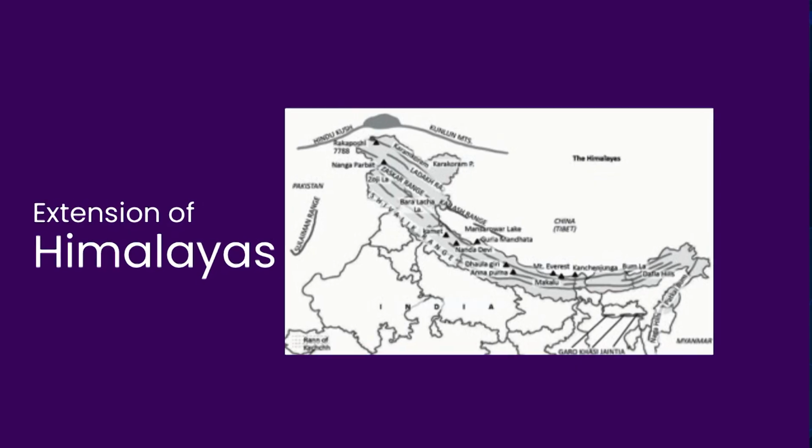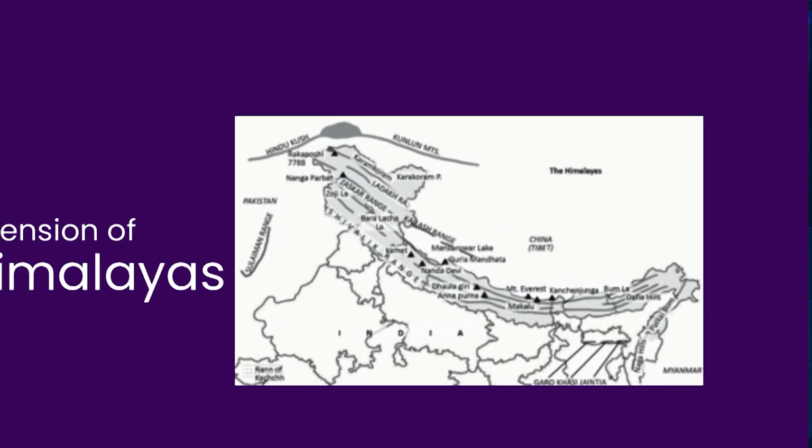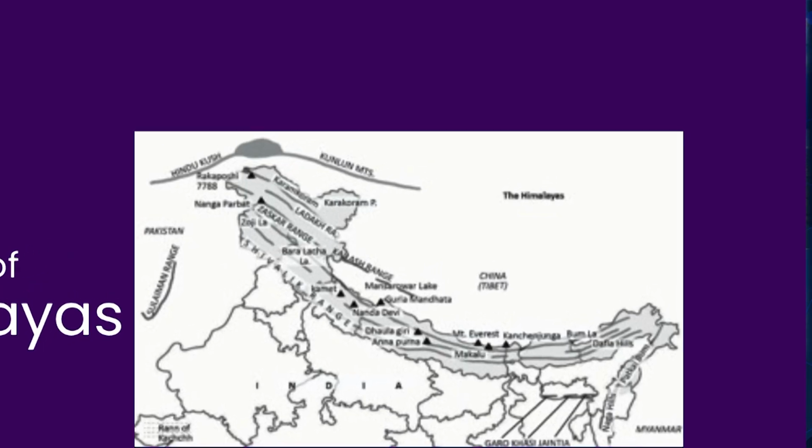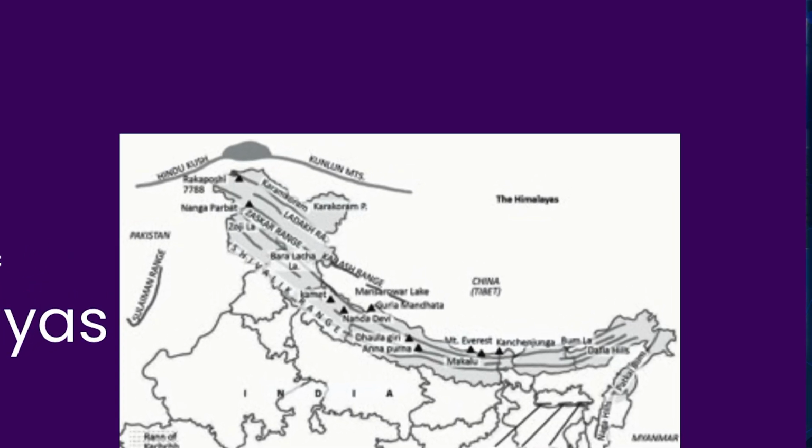The width of this mountain belt varies from 500 km in Kashmir to 200 km in Arunachal Pradesh. The highest peak of the world, Mount Everest, is situated in this area. It spreads across states like Jammu and Kashmir, Punjab, Himachal Pradesh, Uttaranchal, West Bengal, Sikkim and Arunachal Pradesh.